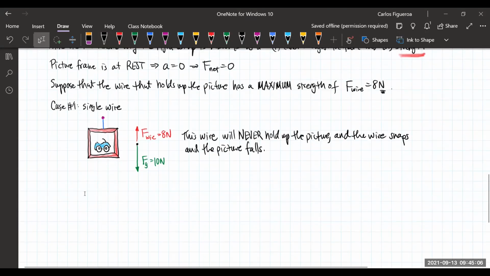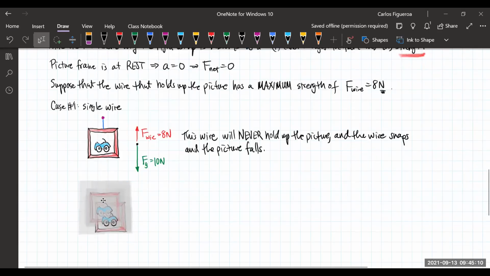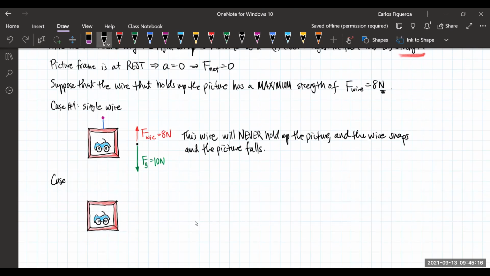Now let's look at this thing again. Now you might be saying here, so in this case here, I'm going to say that even though you do attach a single wire in the second case's situation, it acts like 2 wires.